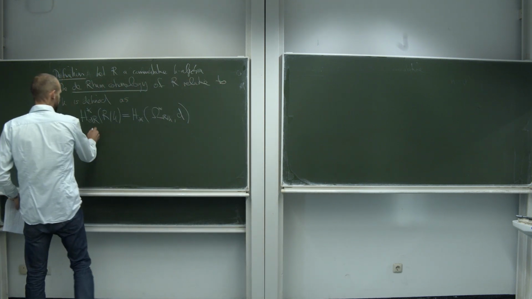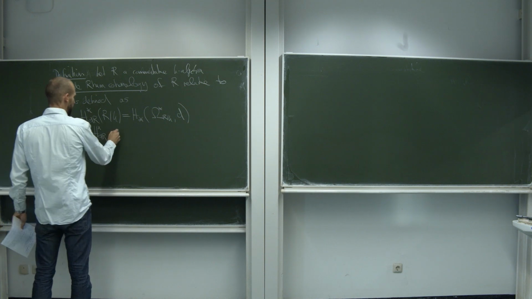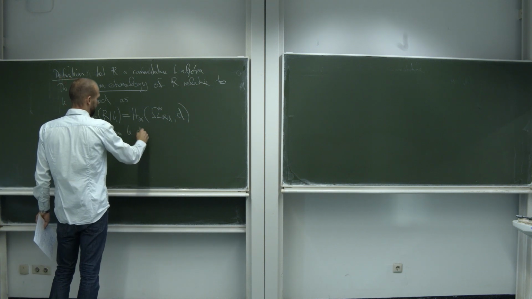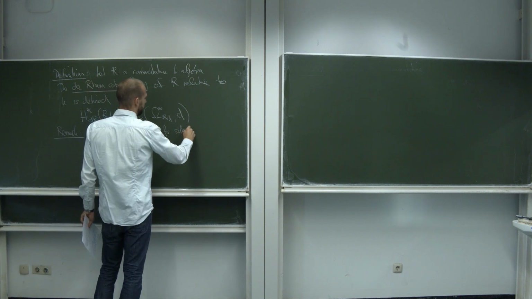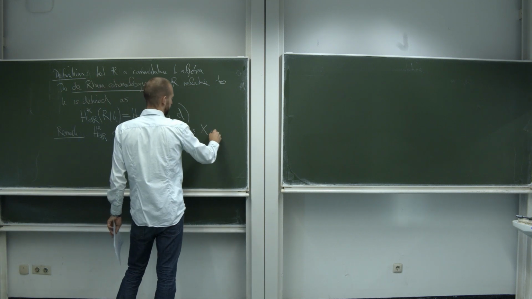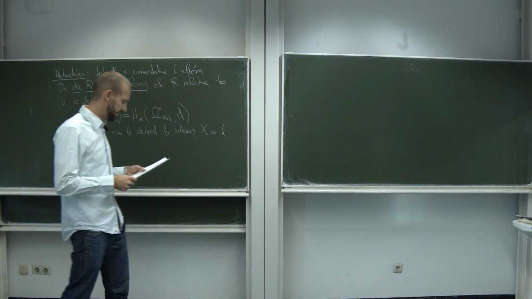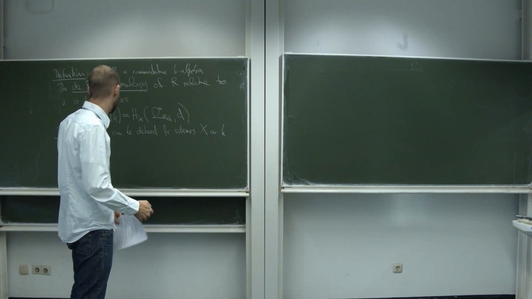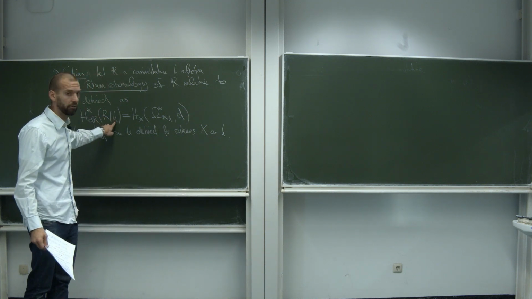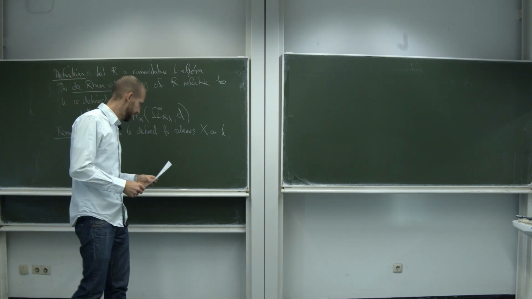So what I'm saying is that H star de Rham can be defined for schemes X over K. And then this is going to be the invariant we really care about: the de Rham cohomology of X relative to K, which reduces to this definition in the affine case.